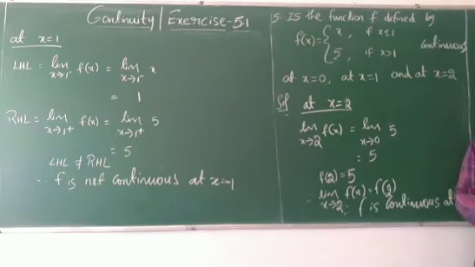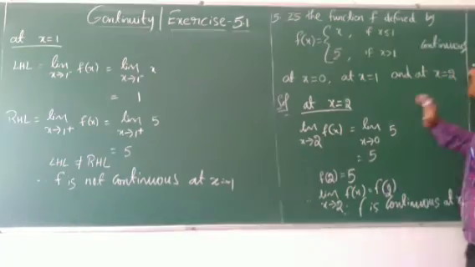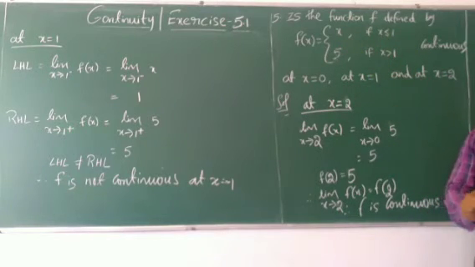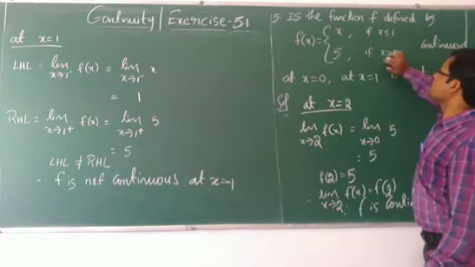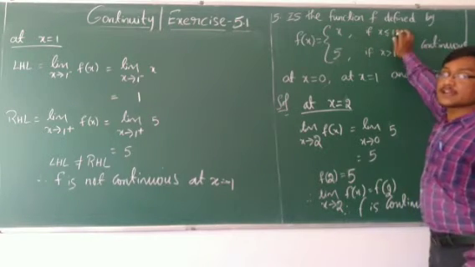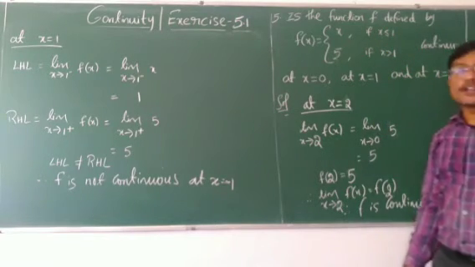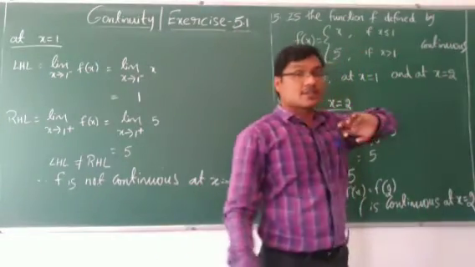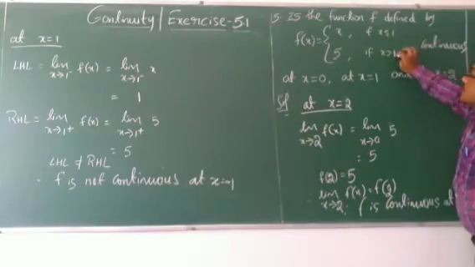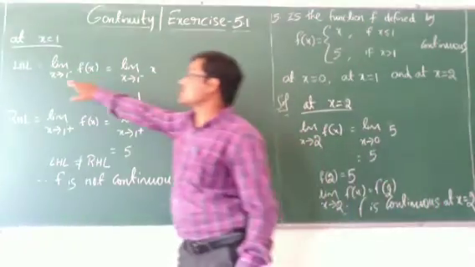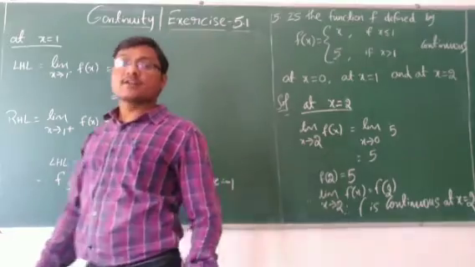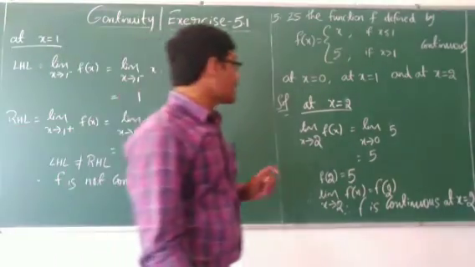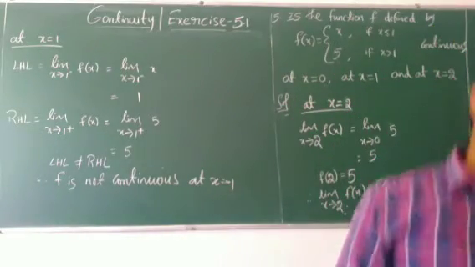So when you are doing any CET question, instead of doing less than 1, greater than 1 separately, what we do is we verify only for this point where you have less than and greater than. For the remaining points you can see the function is continuous. But when you have less than and greater than, only there we check the left hand and right hand limit and see whether the function is continuous or not. Yes, you can write down this question.